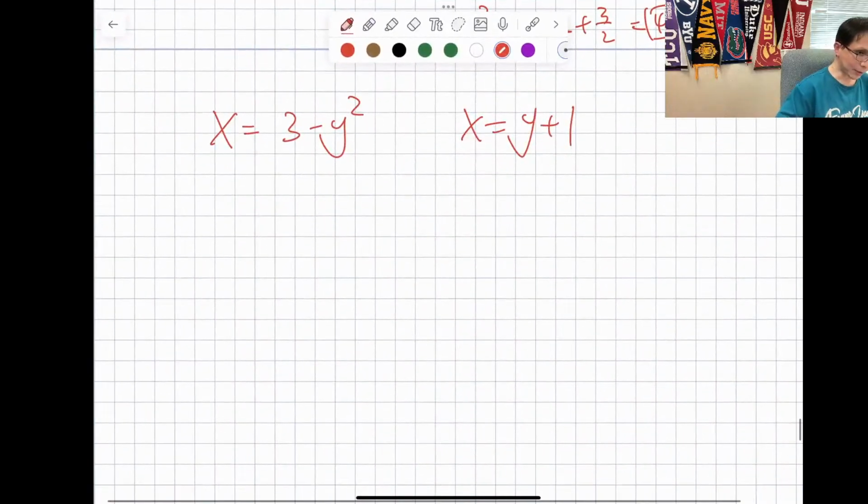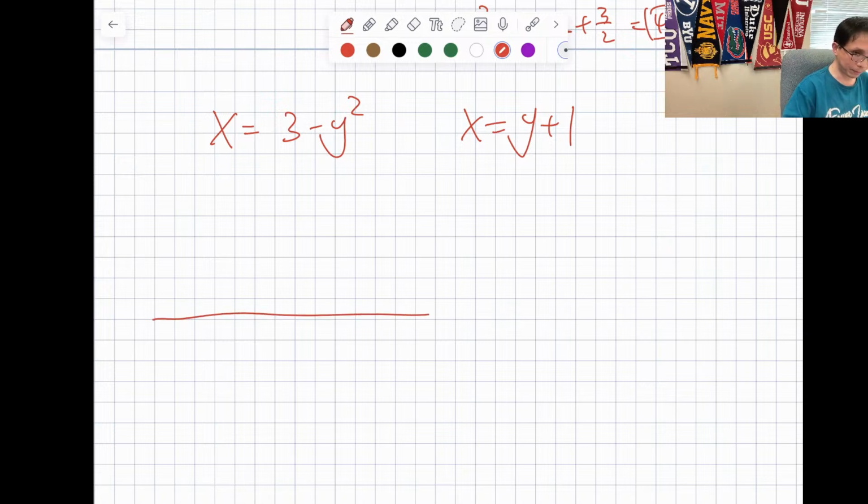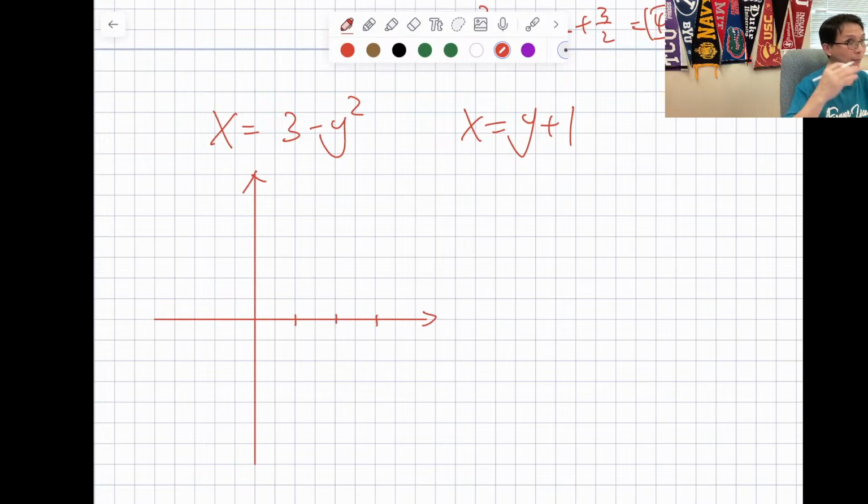So the parabola for x equals 3 minus y squared is facing which direction? Left or right? Left is correct. But it also goes right 3, not up 3, because the vertex is from the y perspective. So this is the sideways parabola.